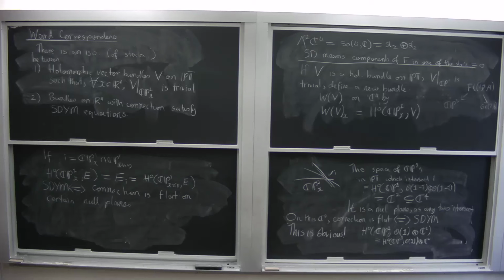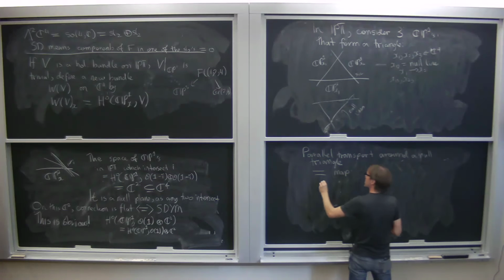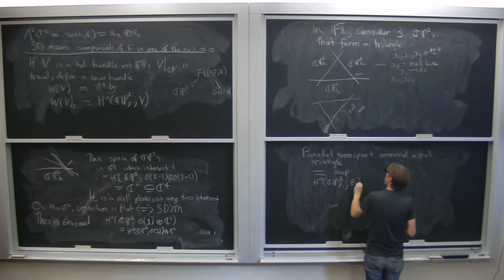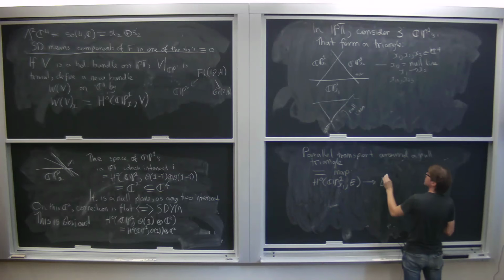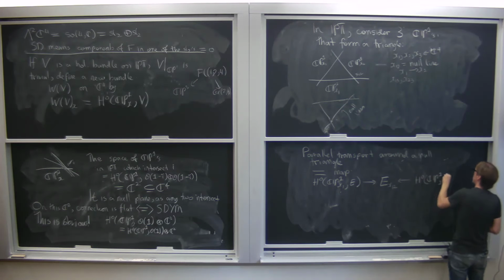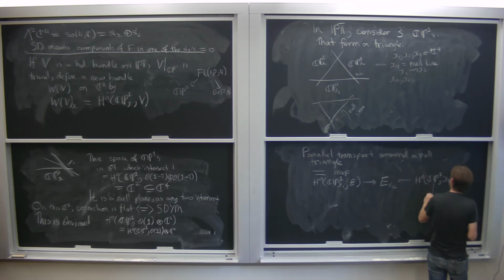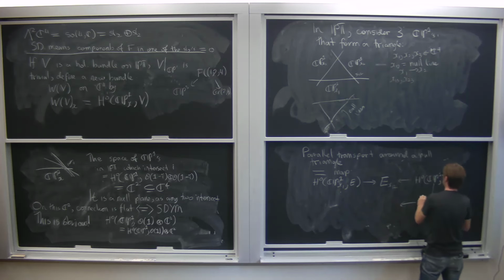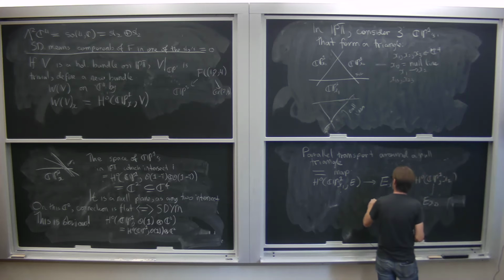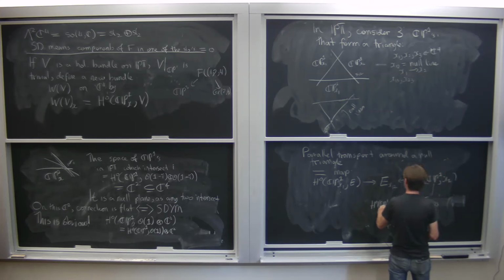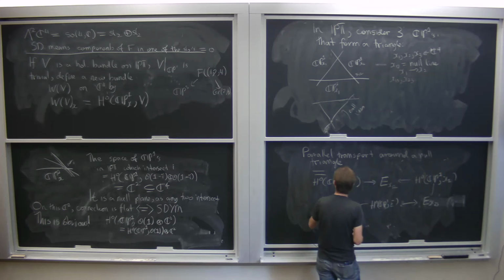is equal to the map where you take, say, H0 of CP1, E1, restricted to the fiber at x1,2, then E2 restricted to the fiber at x2,3, then E3 restricted to the fiber at x1,3.